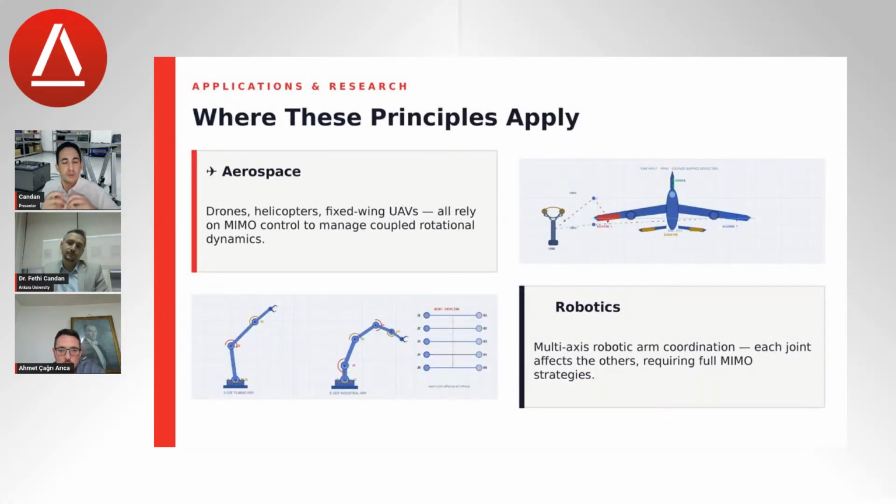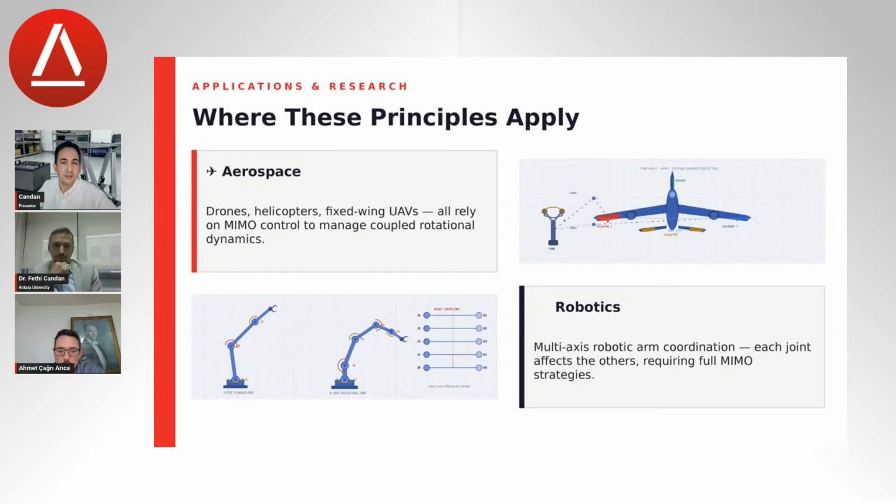We will also discuss a little bit about where these LQR principles or MIMO system principles are applied in the physical world, not only for conceptual or educational purposes. MIMO control is used with UAVs and helicopters, like the Chinook helicopter that we discussed, and also robotics, which I initially described.